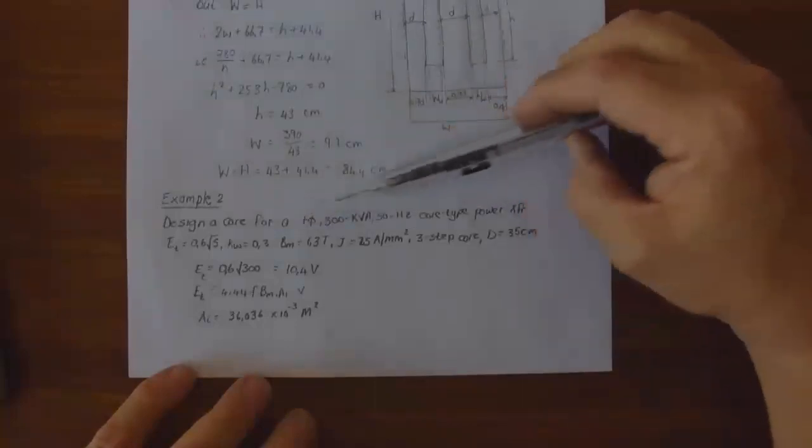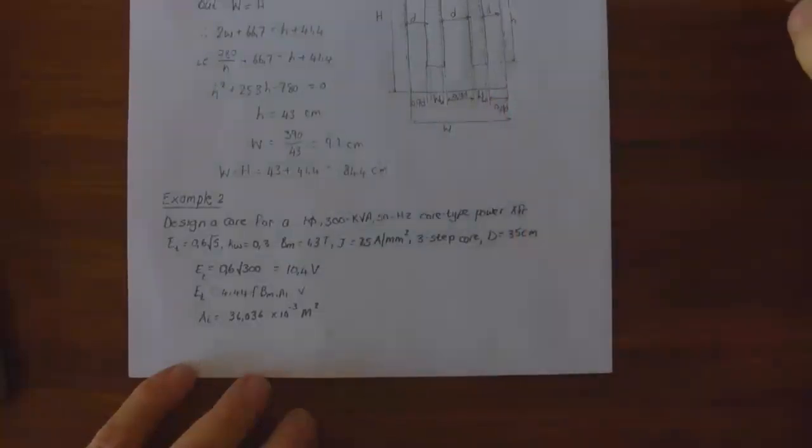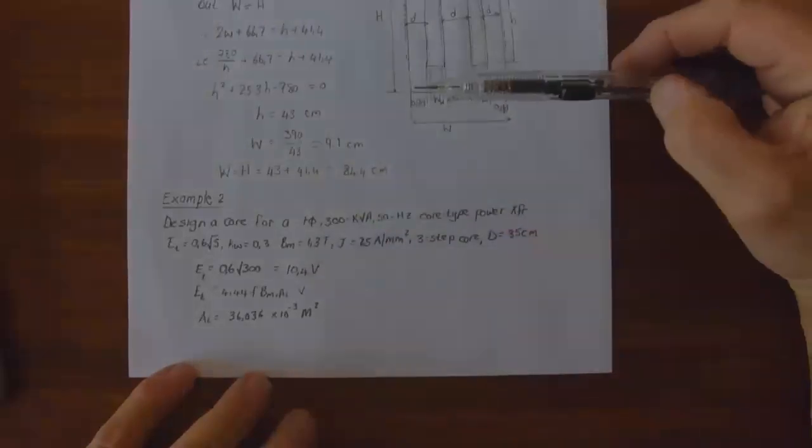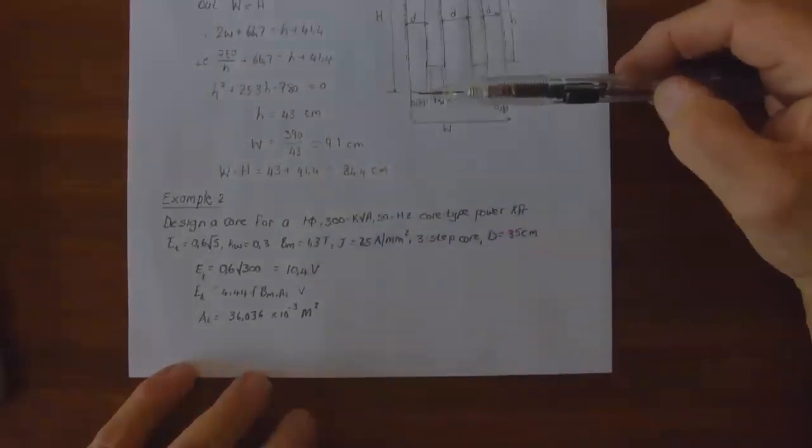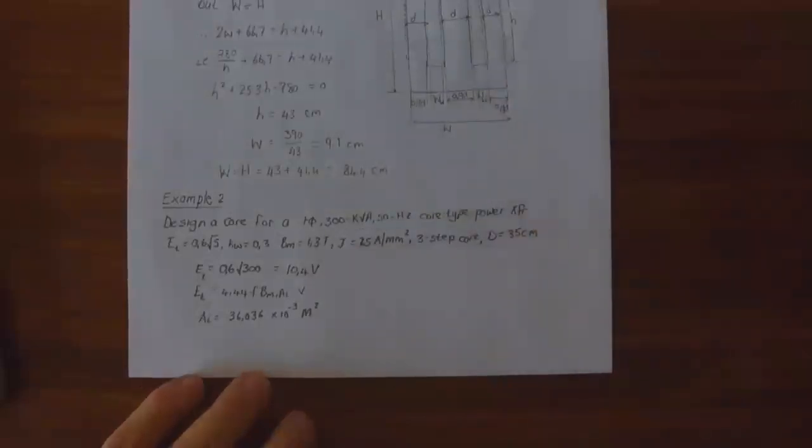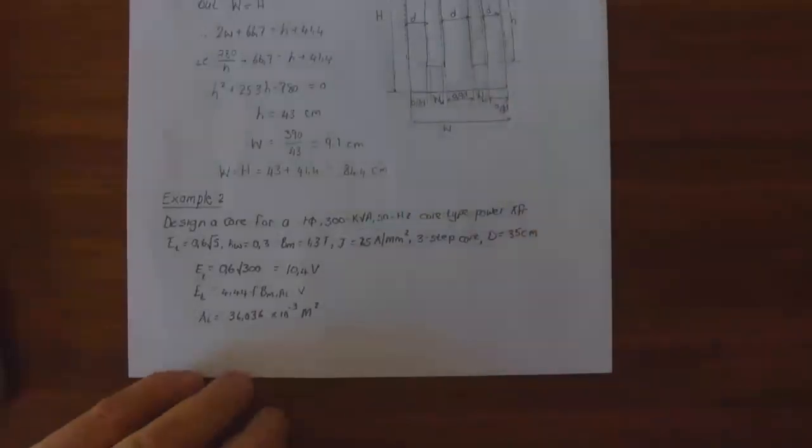So if we now substitute that, we get the EMF per turn is 10.4 volts. And therefore the EMF is 4.44 f B max Ai. Substitute that and we get the area of the iron to be 36.036 times 10 to the power minus 3 square meters.